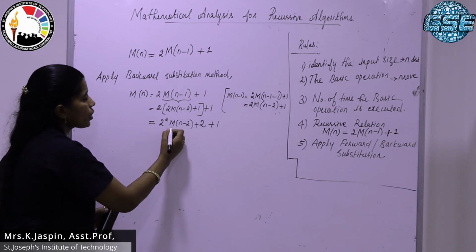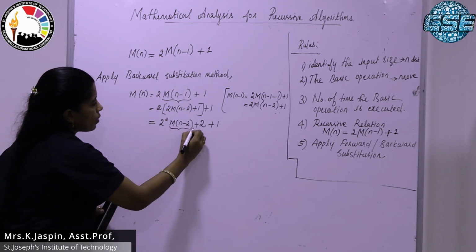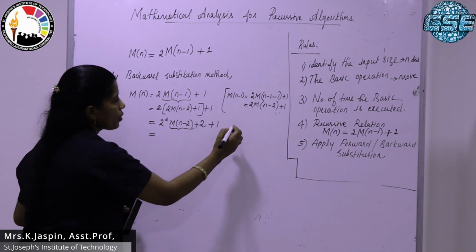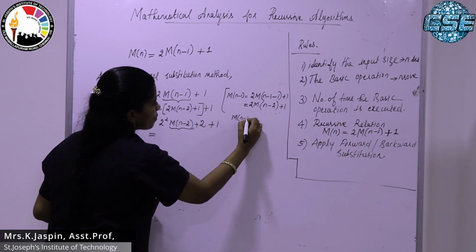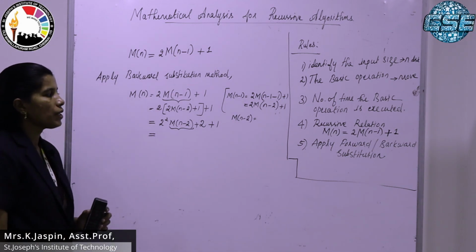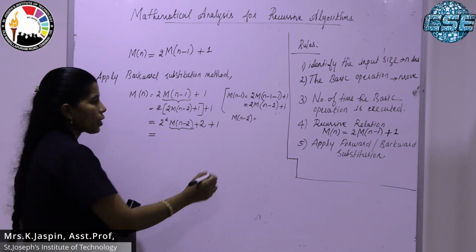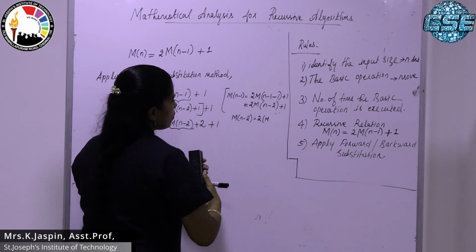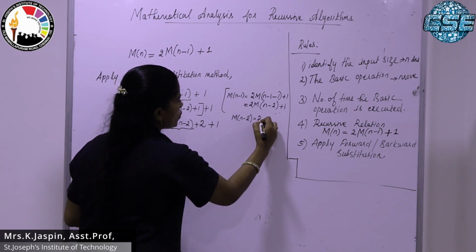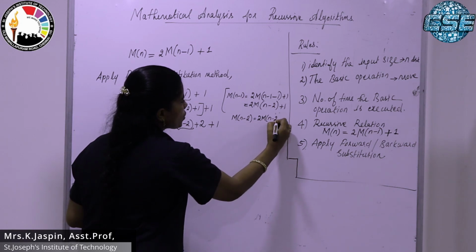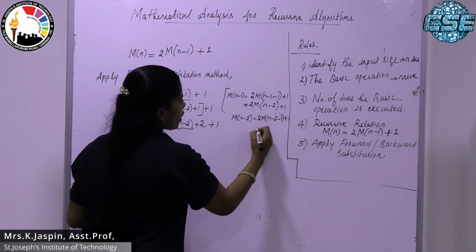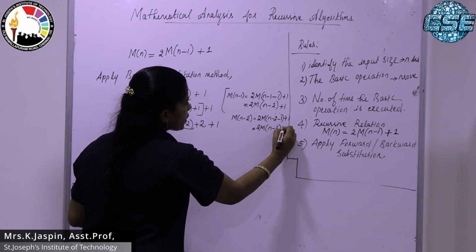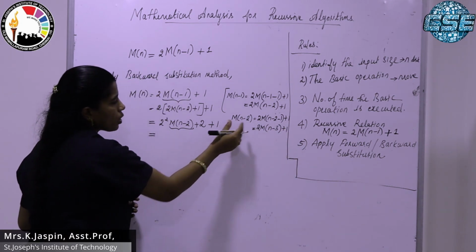Again, in order to derive further, I need to substitute the value of M of n minus 2. Here instead of n I need to substitute n minus 2. So 2 of M of n minus 2 minus 1, plus 1. We will be getting 2 M of n minus 3 plus 1. So this is the answer for this term.